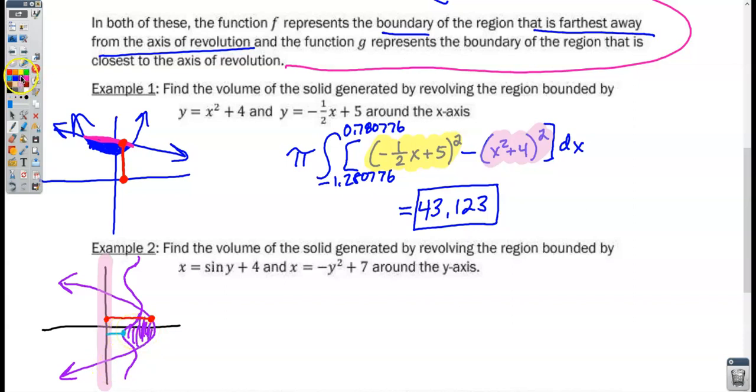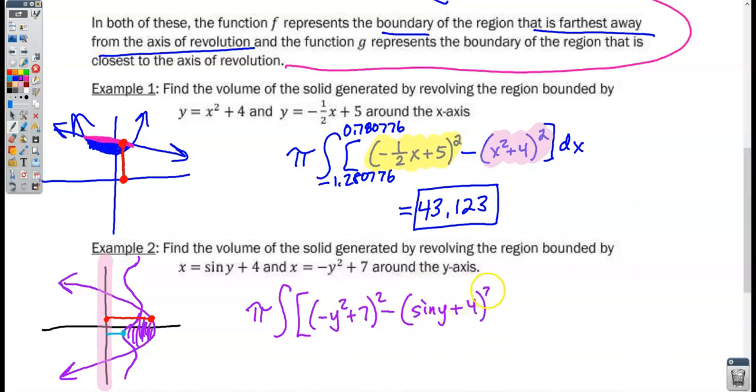So that gets me a lot of information as far as setting this up. I'm going to have pi times the integral of the outer radius squared, so parabola squared, minus sine curve squared.